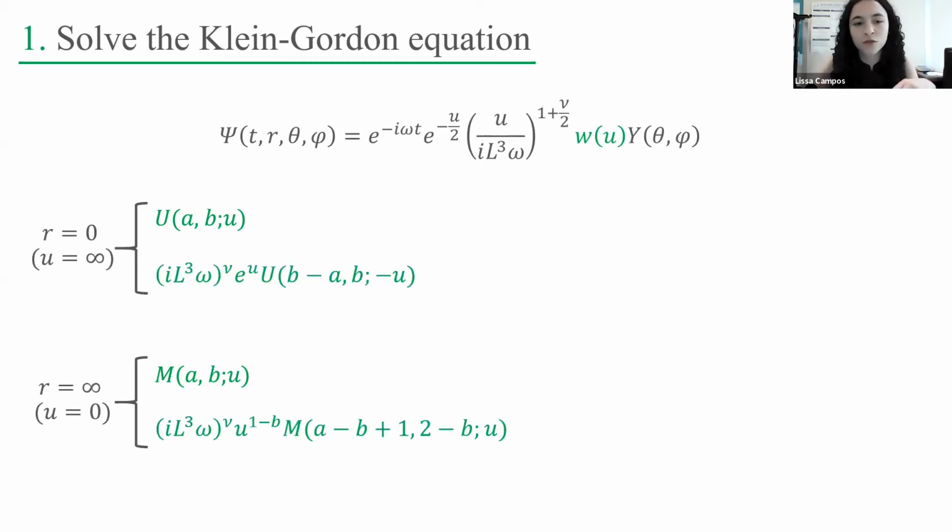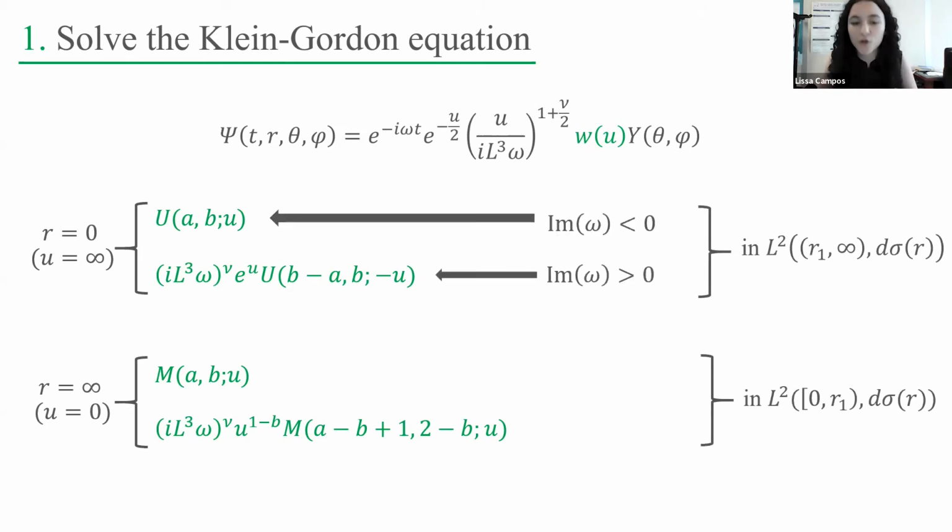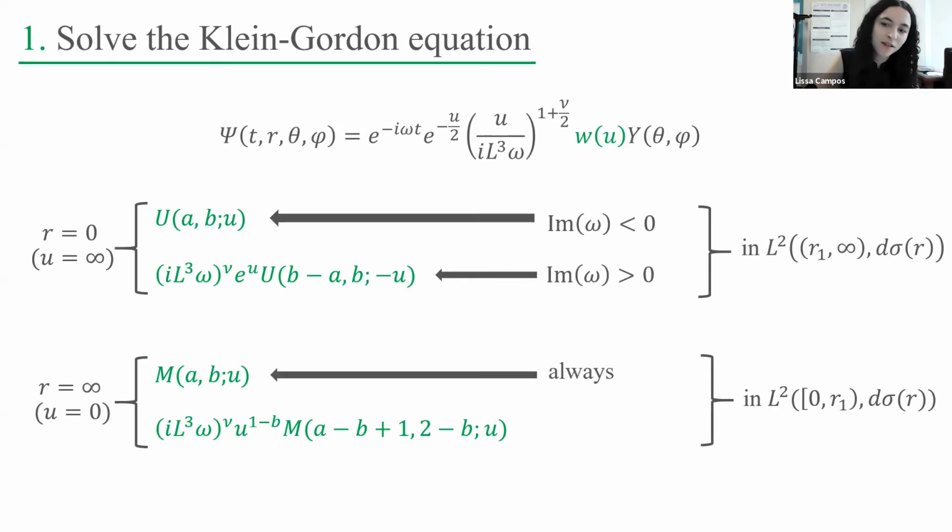So we choose different bases at different endpoints, and we check conditions for these solutions to be square integrable, because there is a one-to-one correspondence between square integrability, boundary conditions and the self-adjoint extensions that we can obtain, and those are in correspondence with positive energy and physically sensible dynamics.